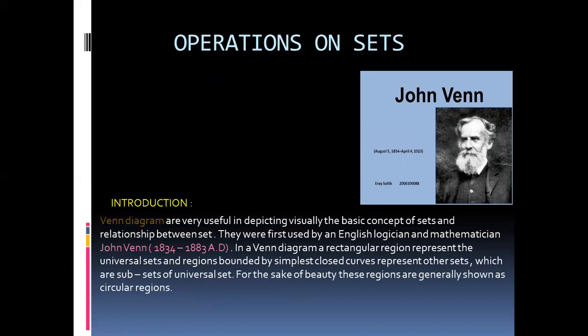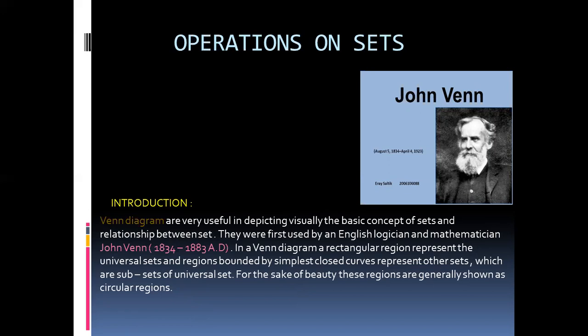Venn diagrams are very useful in depicting visually the basic concepts of sets and the relationships between sets. I told you either they are overlapping, disjoint, or subsets. The Venn diagram was first introduced by an English logician and mathematician, John Venn, who lived 1834 to 1883.